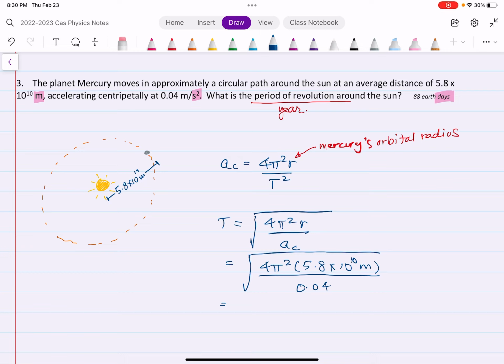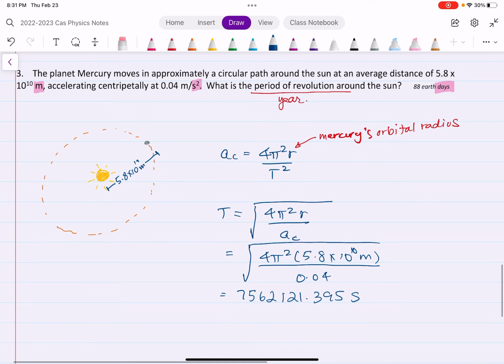Take the square root of that. And we get 7,562,121.395 seconds.